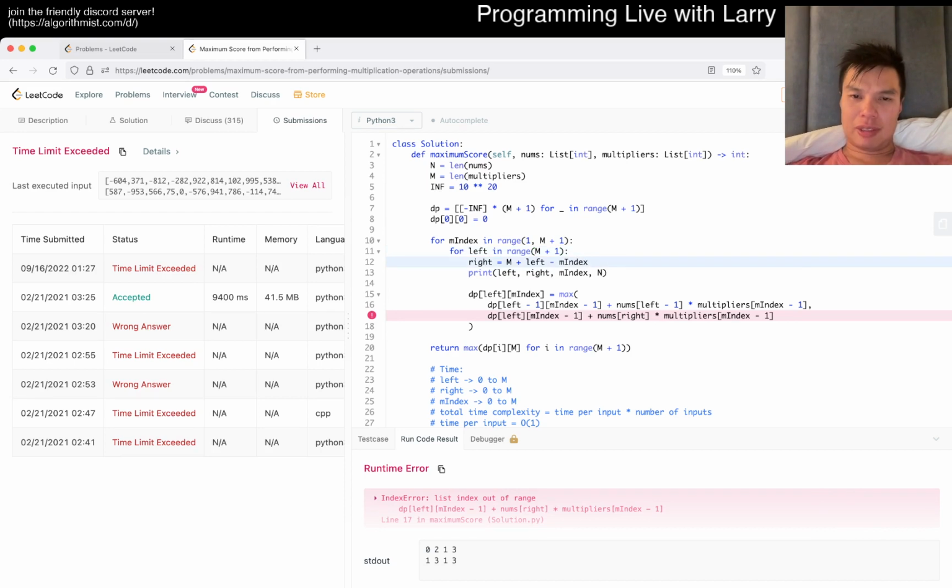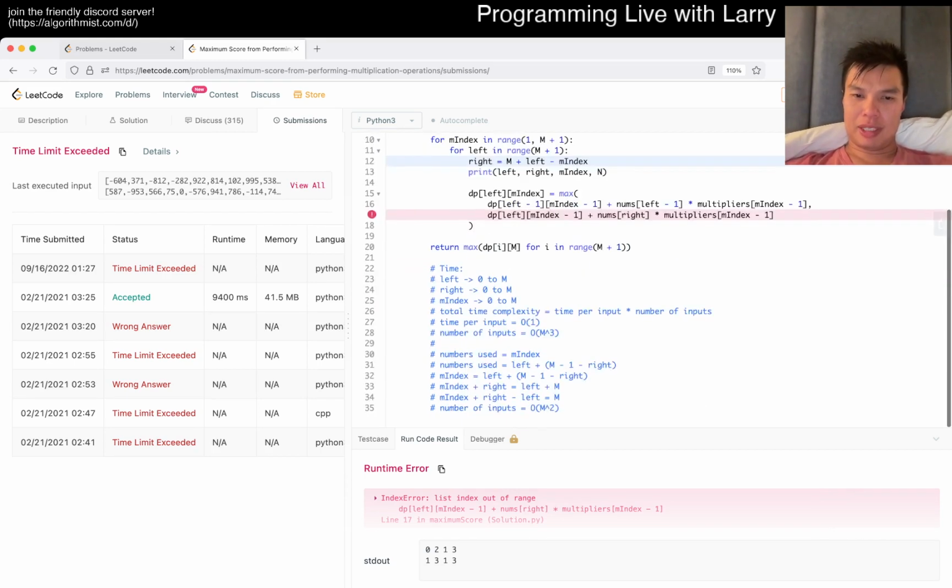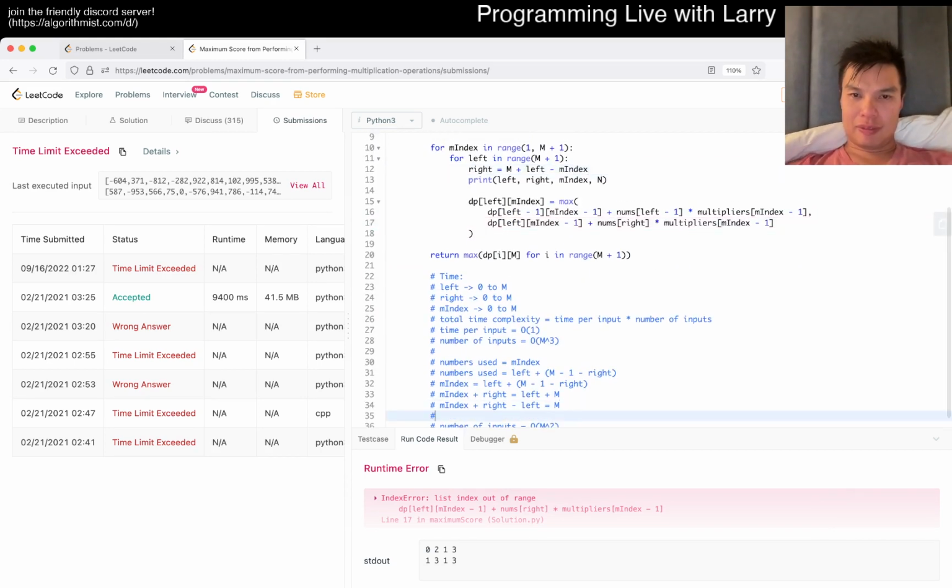What is wrong with this? Maybe I messed this up. What did I have? Okay, so m plus left minus m index is equal to right, right? Did I mess that up? Maybe I messed it up to begin with. Is that right?